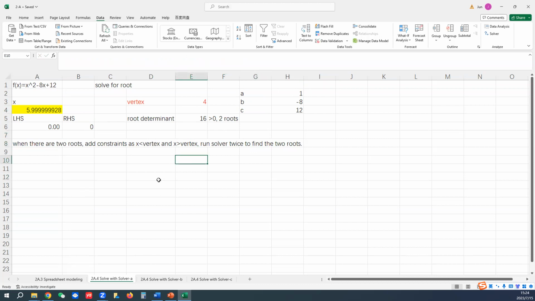And it will be clearer later on as we do the graph.